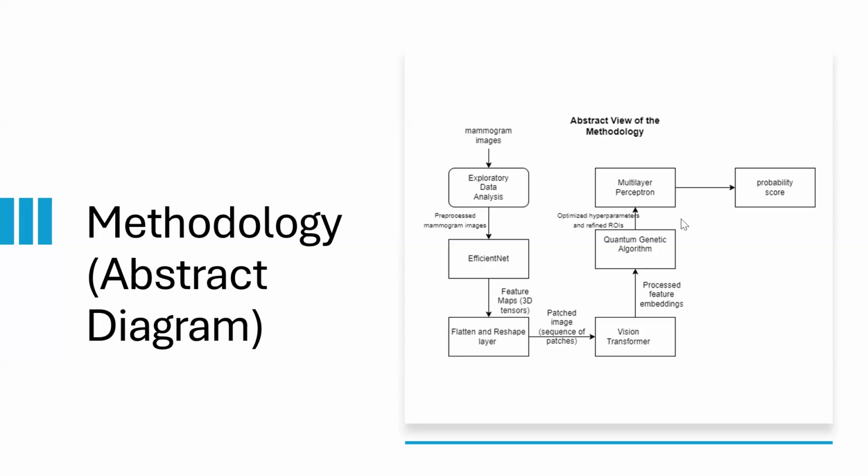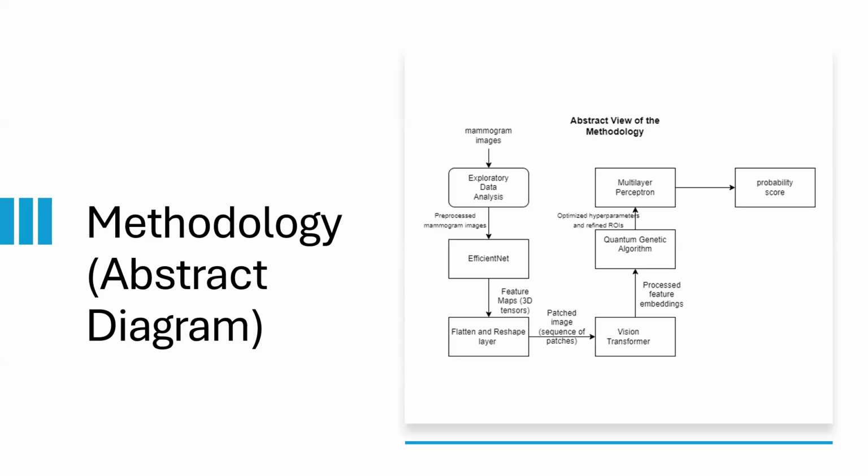We are going to start with mammogram images, which go through a meticulous, rigorous EDA so that we can have pre-processed mammogram images and clear, nice predictions. My friend is going to do the EDA video where we show what we did.